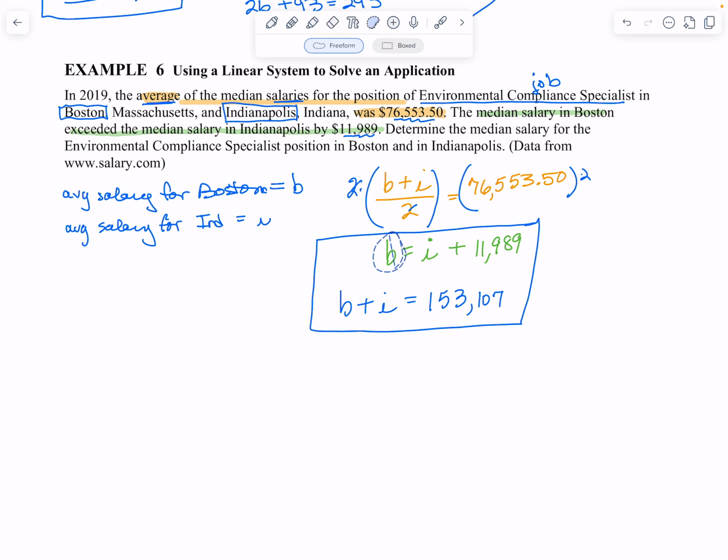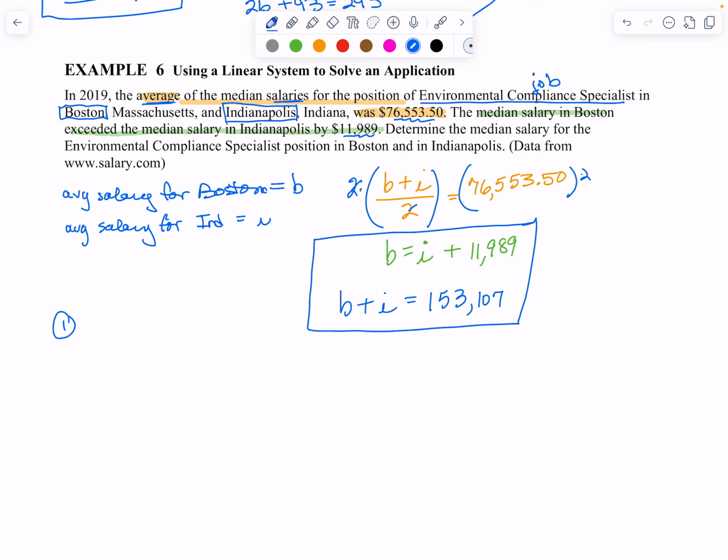So when it's by itself, I tend to think, let me take this guy and substitute. I'm going to take that guy and put him in right where B is, right? Right where B is. So first step, I've got B plus I is 153,107.